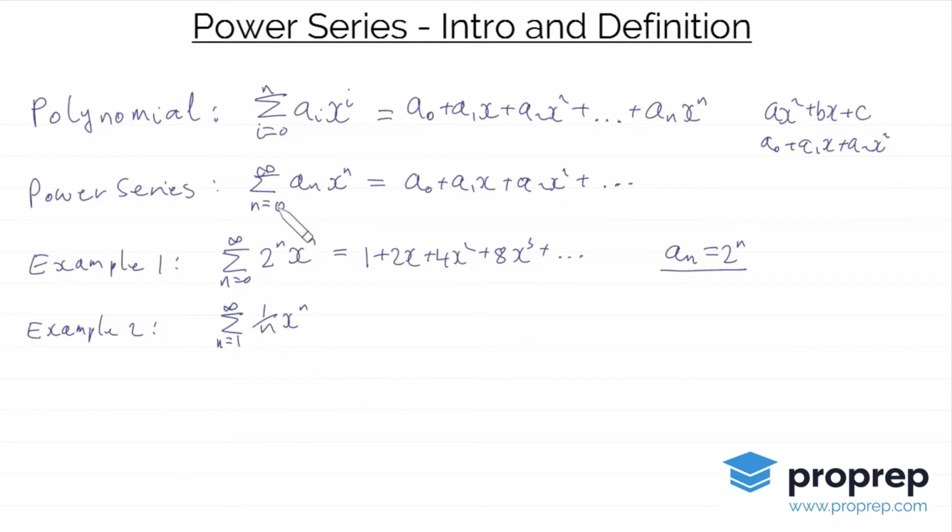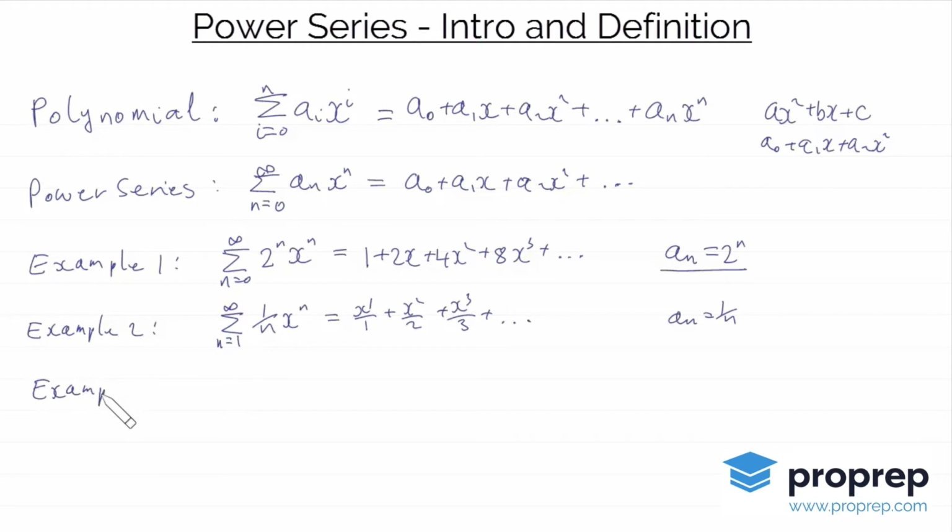The power series doesn't necessarily have to start at 0. And this would equal, if n is 1, we get x to the 1 over 1, which I would write just as x, plus x squared over 2, plus x cubed over 3, plus and so on. And here I could describe this by saying an equals 1 over n, but I'd also have to make a note that we start from 1.